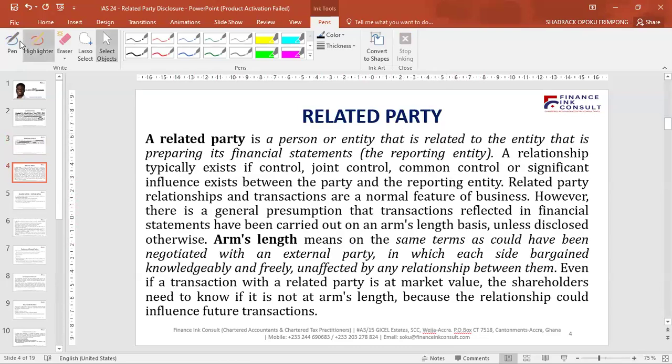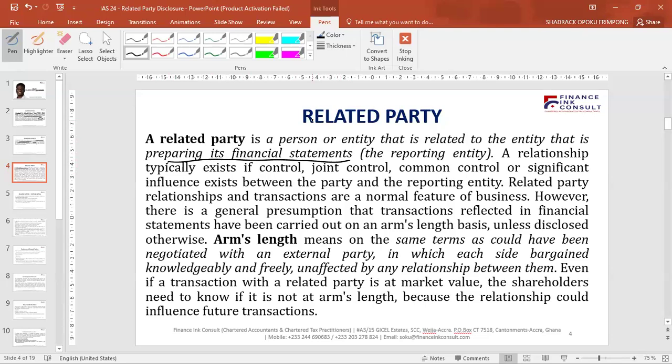Related party. A related party is a person or an entity that is related to the entity that is preparing the financial statements. Mostly you get to see this when you are looking at it from the group point of view, consolidation.